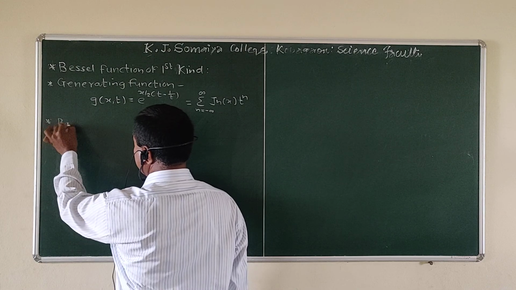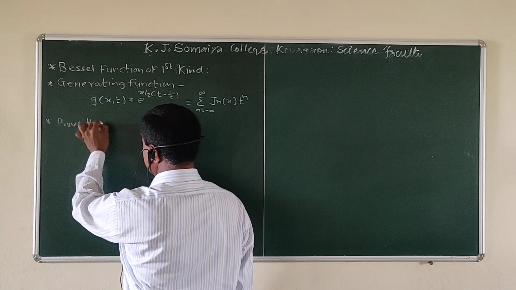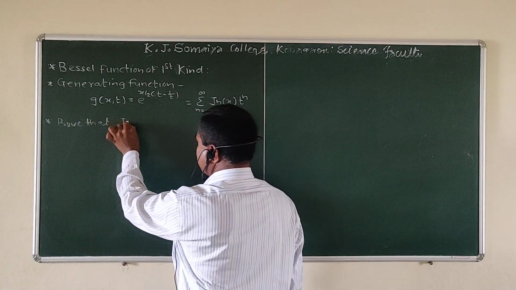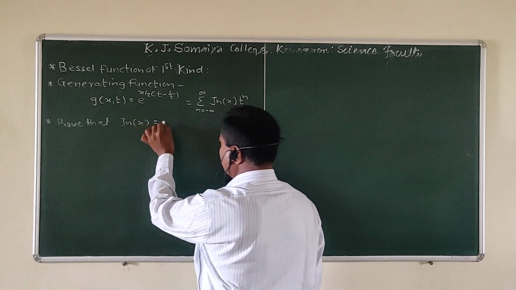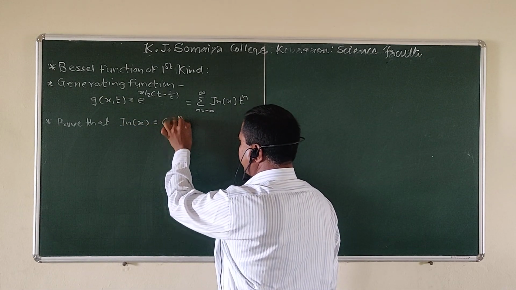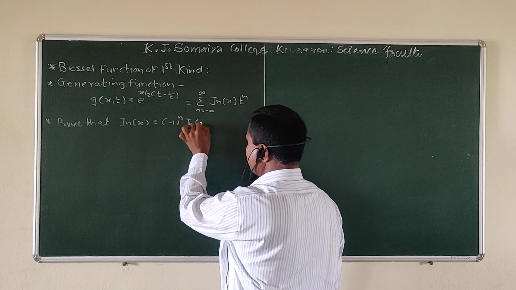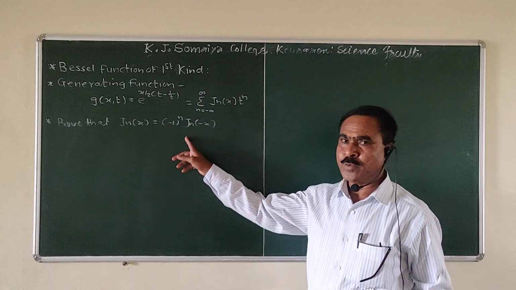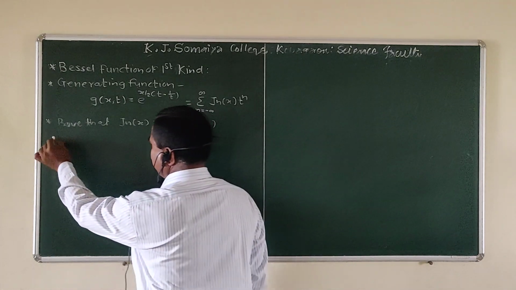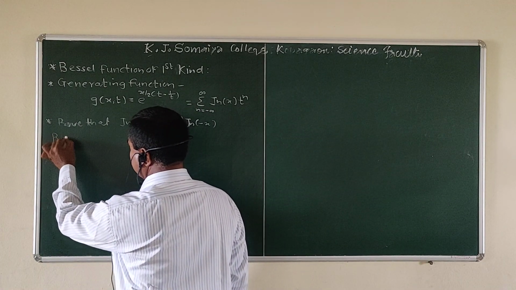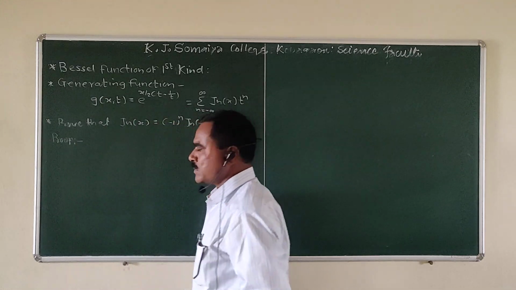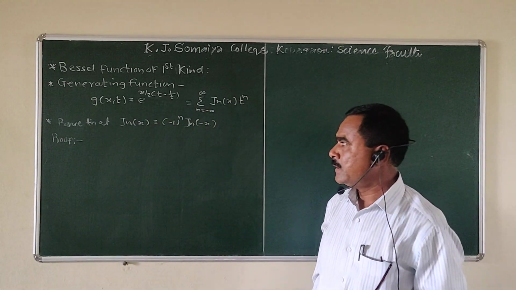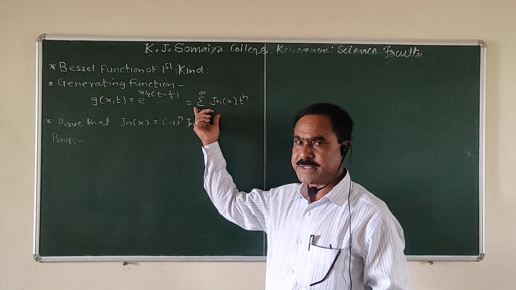Prove that J_n(x) = (-1)^n J_n(-x). Okay, so we have to prove this property. So let us consider the proof. In the proof, first we consider the generating function and its power series.